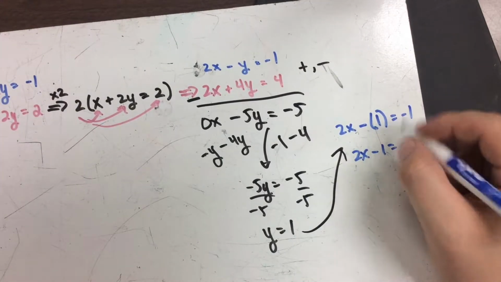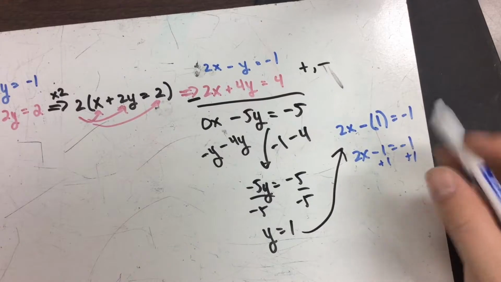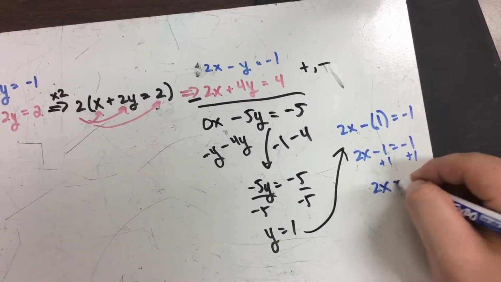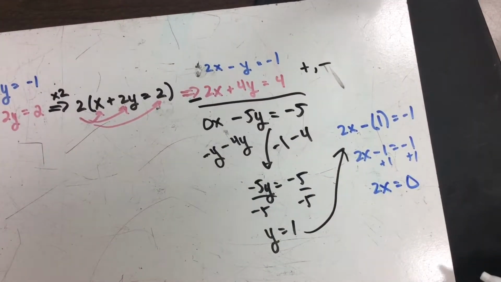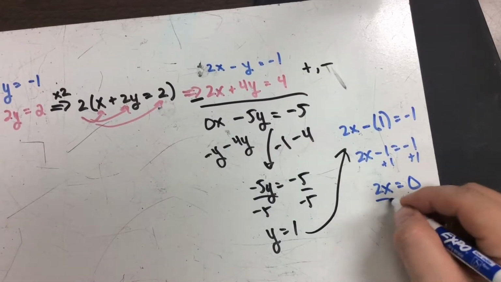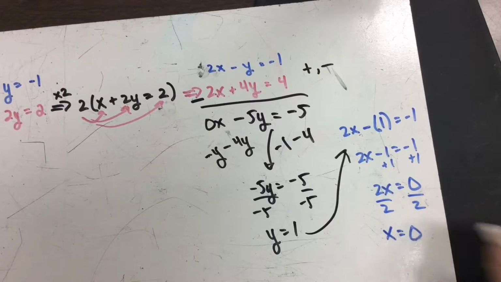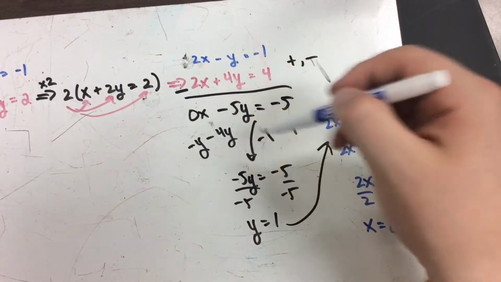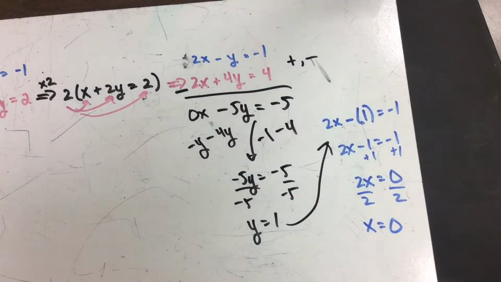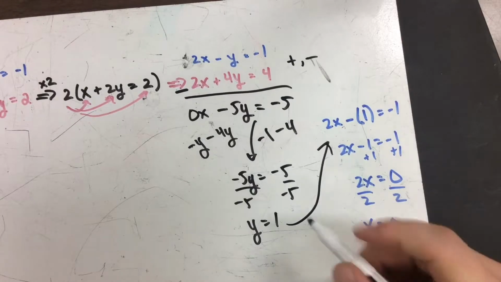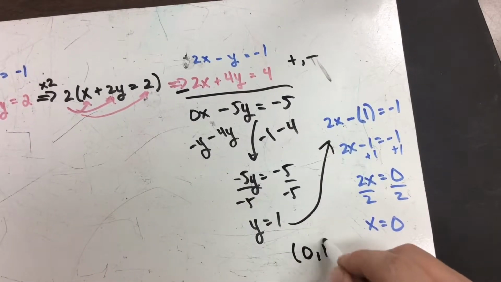I'm going to start solving for x, so I'll add 1 on both sides. This will give you 2x equals 0. I want to get x by itself, so I'll divide by 2 on both sides. This will give me that x equals 0. So if I were to graph these two lines, they would cross at the point (0, 1).